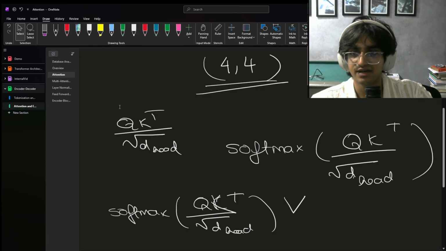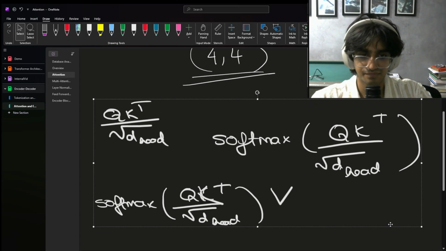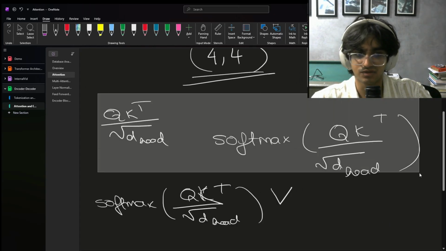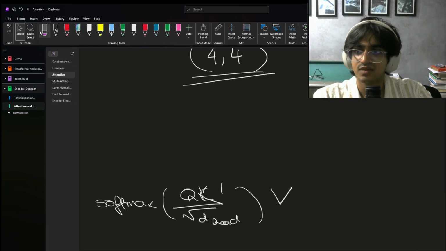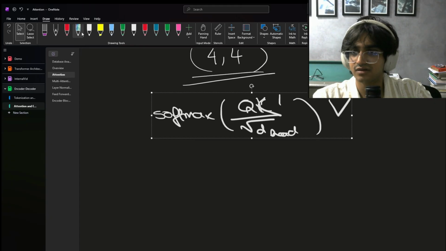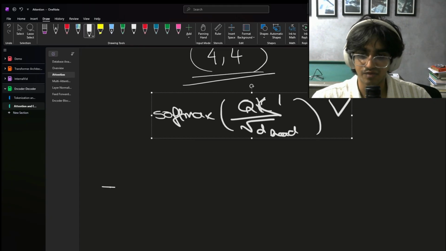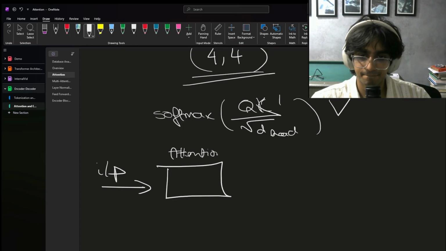So your attention head essentially just takes in your input. Let me move this here. You've got your input embeddings, your input, it goes into an attention head, and you get your output.